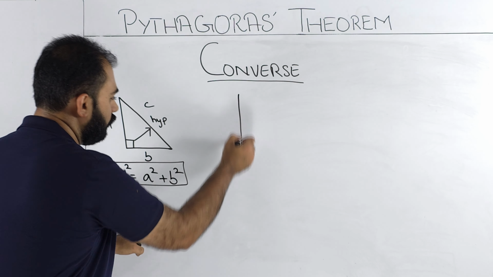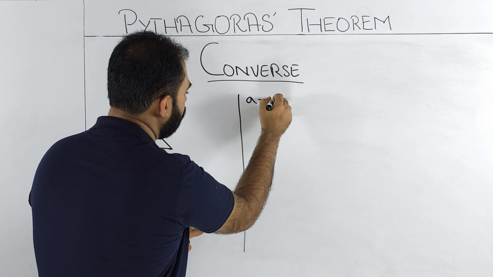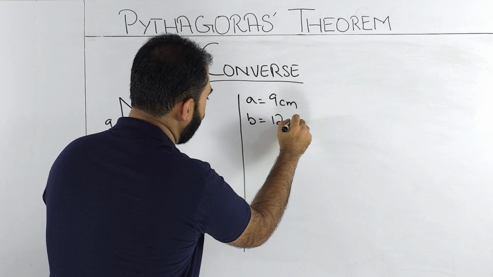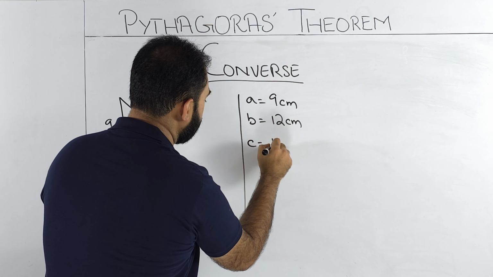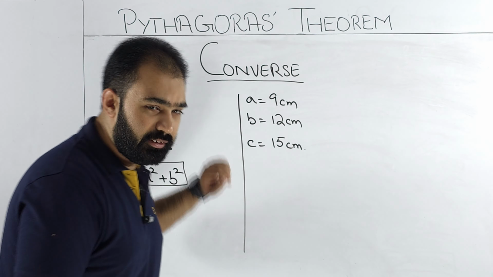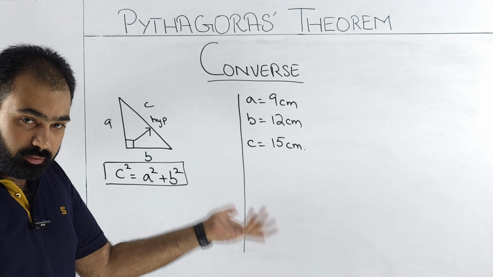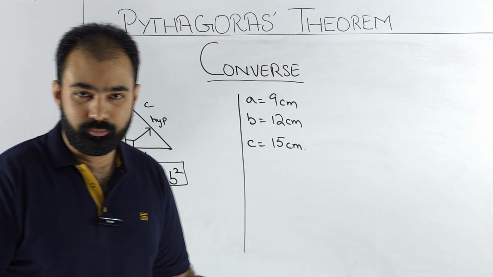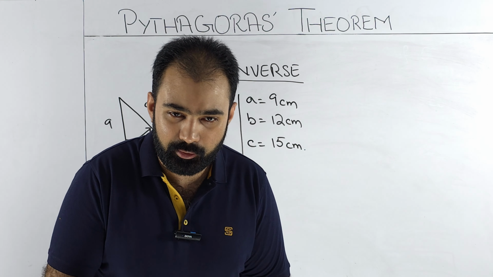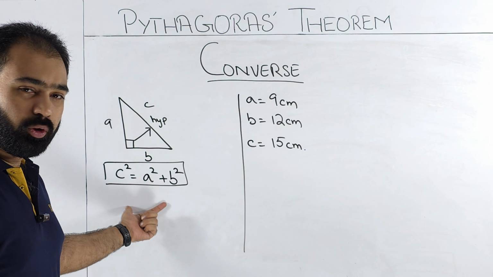How is it done? Suppose we have three lengths given. Length A is equal to 9 centimeter, length B is equal to 12 centimeter and length C is equal to 15 centimeter. Suppose I have been given these three lengths and I have been asked whether these three lengths are of a right angle triangle or not. क्या ये एक right angle triangle की length है या ये किसी normal triangle की length है? What I am going to do is use this formula and put the values.